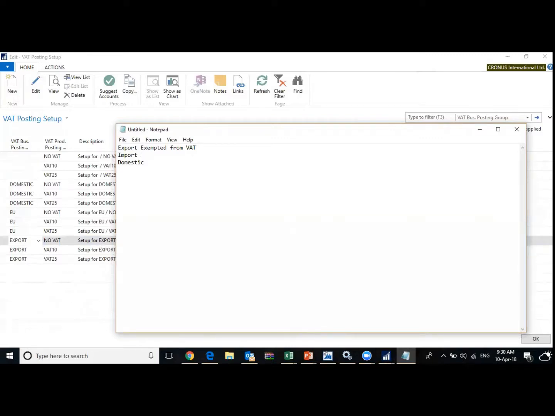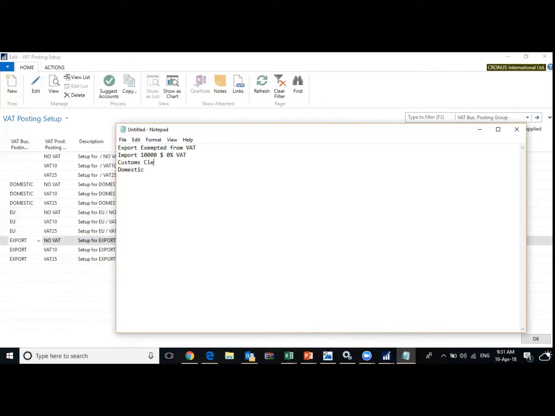Import, whatever you are importing. For example, you are importing a consignment of $10,000. Okay, so there is 0% VAT on that. You don't have to pay any VAT for this import. But when it comes to the customs, when you go to your customs in your city, or in the city where your consignment is arriving, at that point, you have to pay something called the clearance fee.